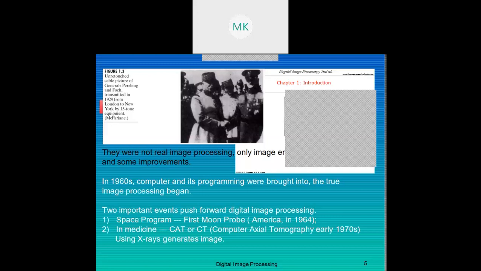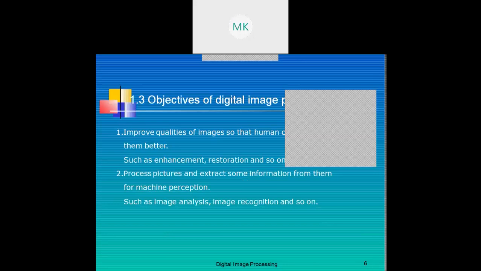Almost all applications are based on image processing techniques. The objectives of image processing: improve the quality of the image so that humans can identify it better, such as enhancement, restoration, and so on; and process the picture and extract information from it for machine perception, such as image analysis, image recognition, and so on.